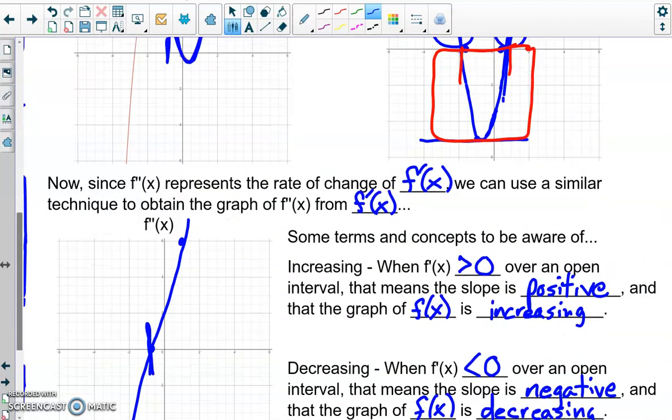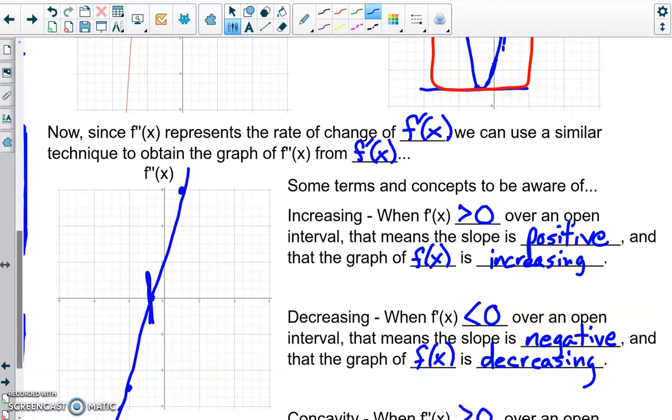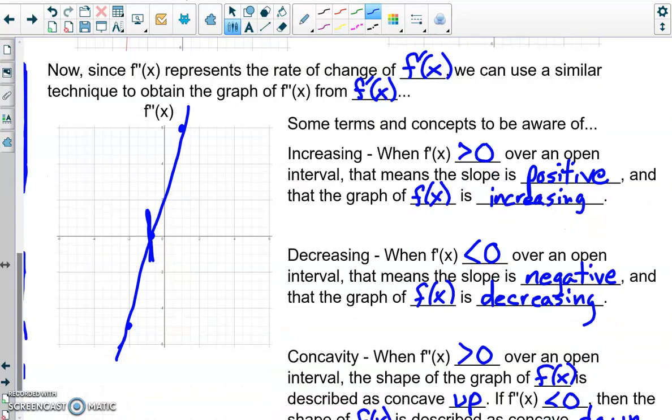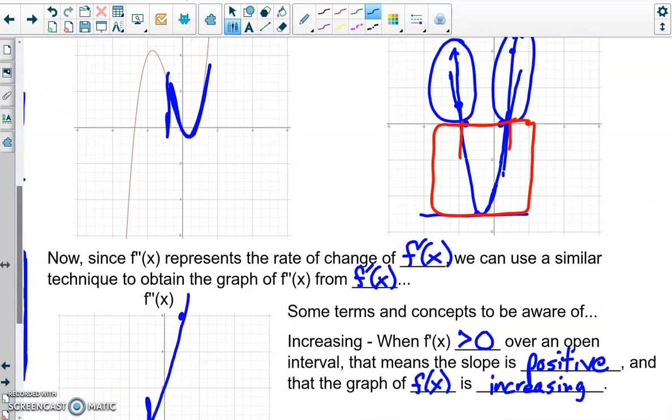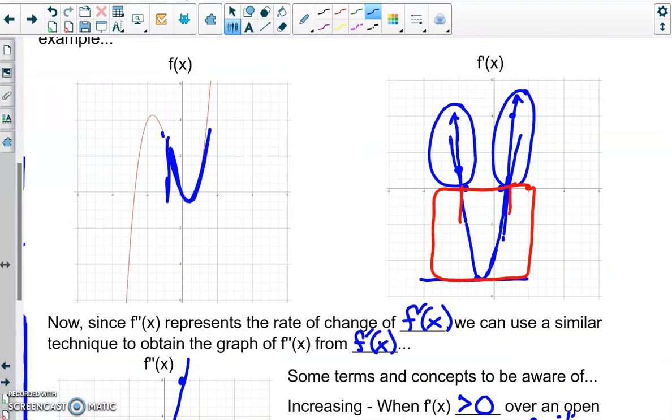So going back up here, you can see everywhere over here our graph of the f double prime is less than 0, all the y values. So from that x over on our original graph, notice that we are cupped down, concave down.